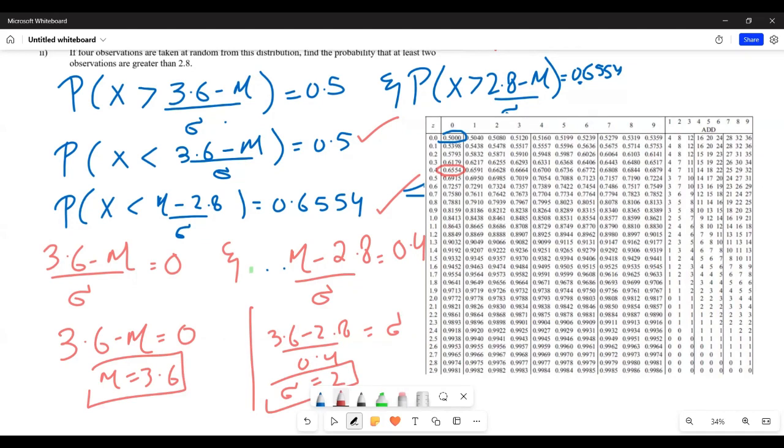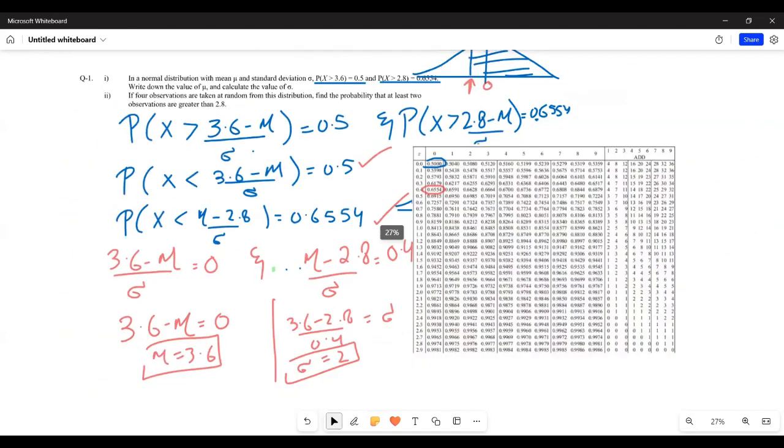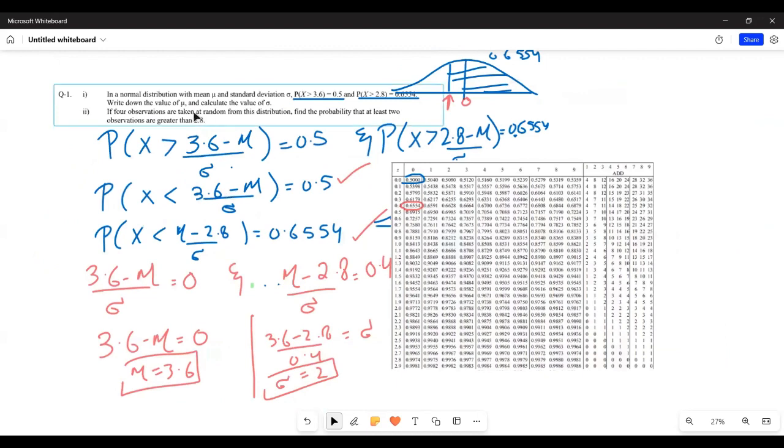Okay, next part. If 4 observations are taken at random from this distribution, find the probability that at least 2 observations are greater than 2.8. Okay, so this is a binomial distribution.